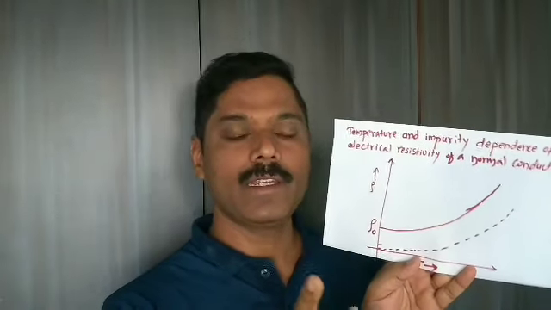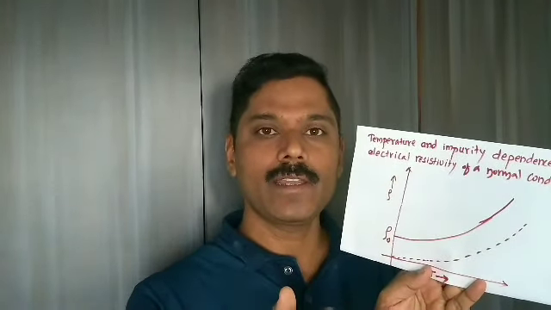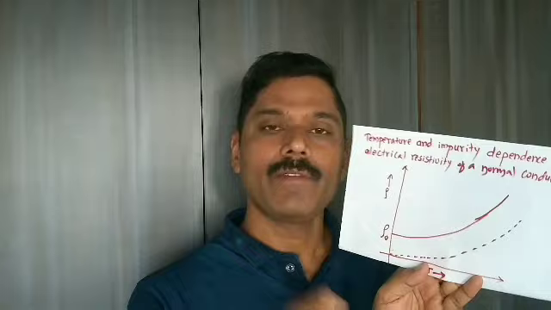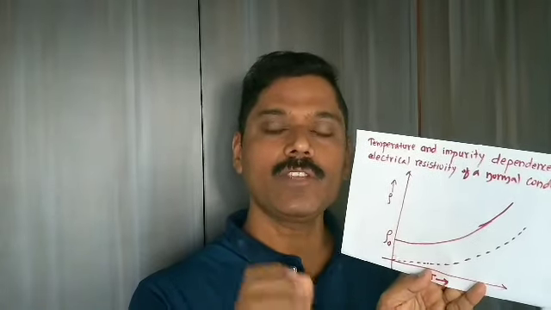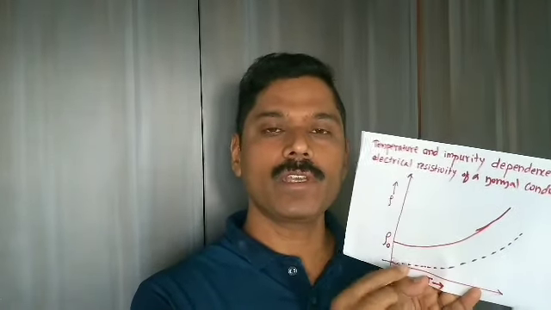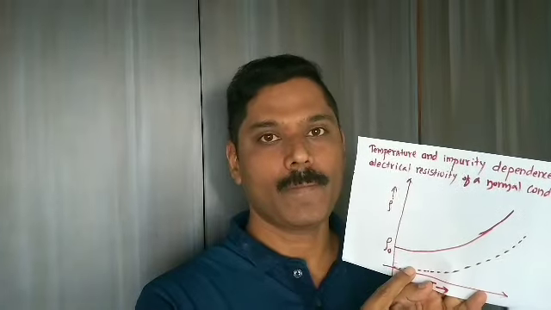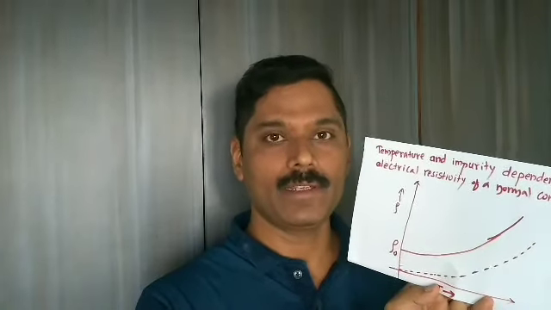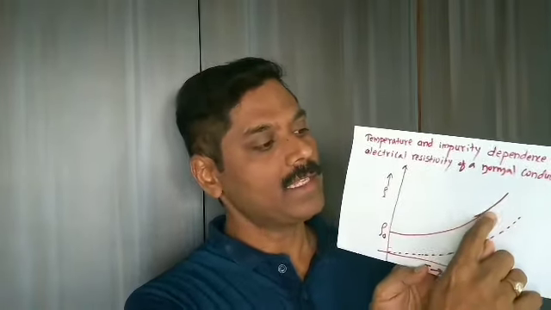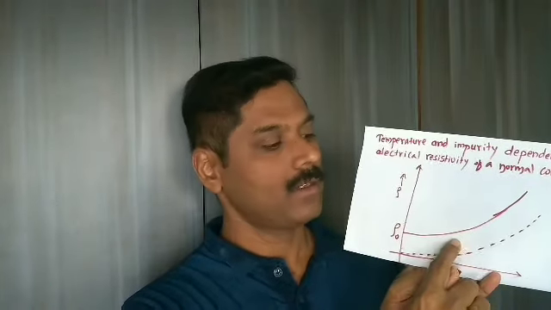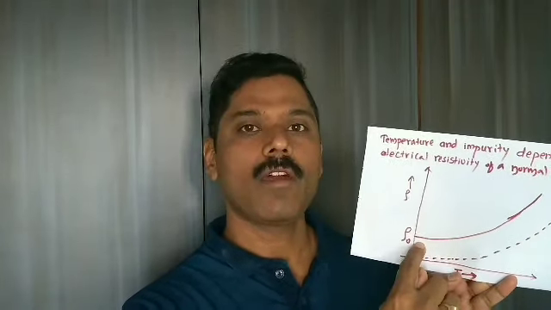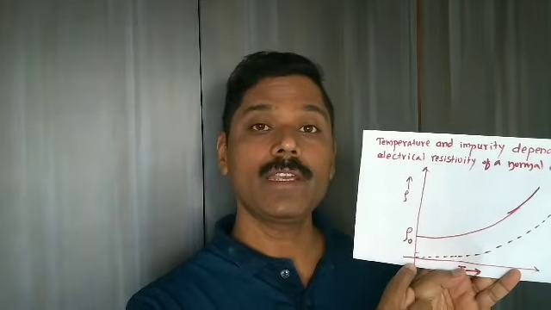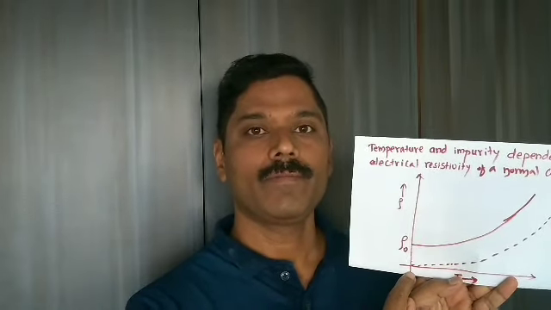And as I was mentioning, the thermal agitation decreases with decreasing temperature, so we have to expect that the resistivity should be 0 when we approach 0 degree absolute. But that does not happen. The resistivity, while it is decreasing with decreasing temperature, becomes a non-zero value even at 0 degree Kelvin.